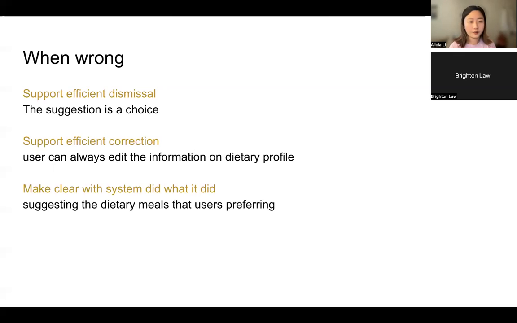So even if the users submitted their dietary profile and have a suggestion page, they are still allowed to be not satisfied with the suggestions on that page. And they can always not use that page and go to other tabs to find other restaurants they want to go to.